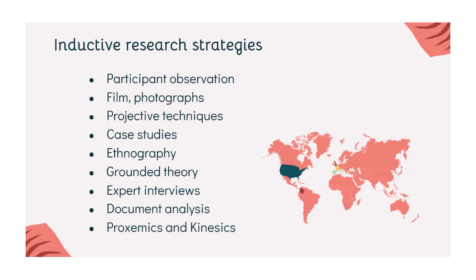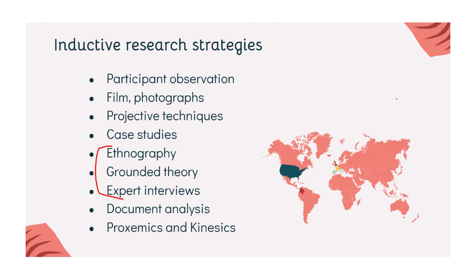Some research strategies that you can use with the inductive method are participant observation, film, photographs, projection techniques, case studies, ethnography, grounded theory, and expert interviews. The famous ones would be expert interviews, document analysis, prospective, and kinesthetics.